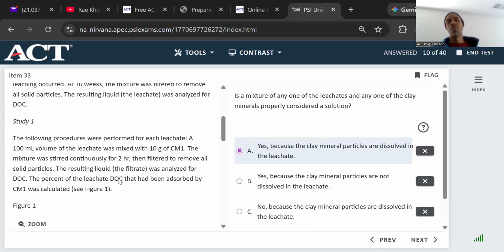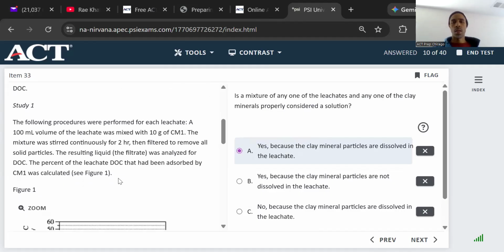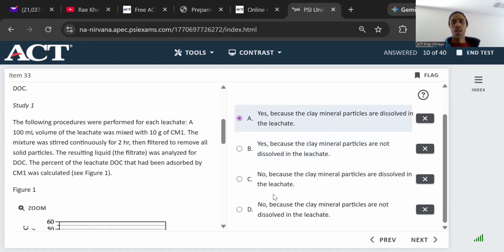I would say actually no, because the leachate is dissolved in the clay mineral particles. Clay mineral particles absorb the leachate, so those clay mineral particles are not dissolved in the leachate. So I'll actually say D, but I don't know this one. It requires outside information. You've got to remember that.